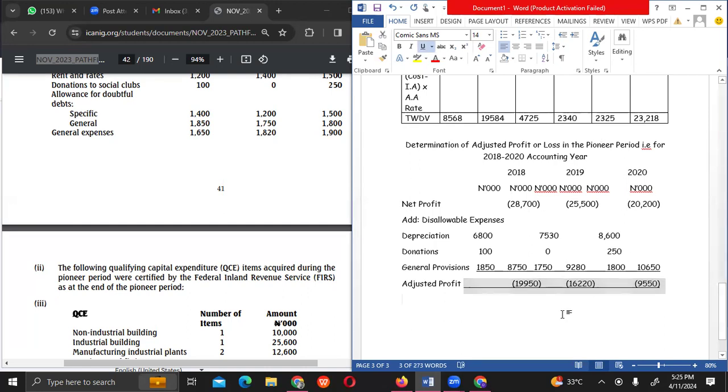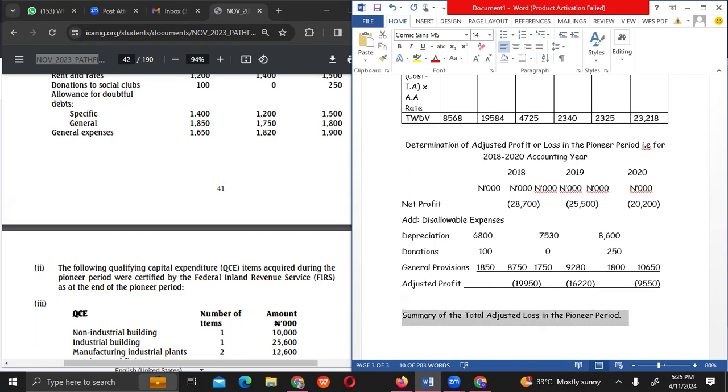All right. So now summary of the total adjusted loss in the pioneer period. So we have 2018.